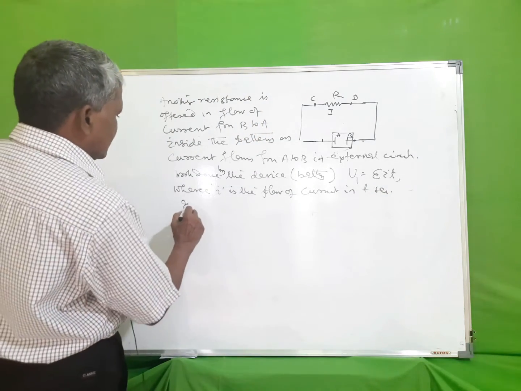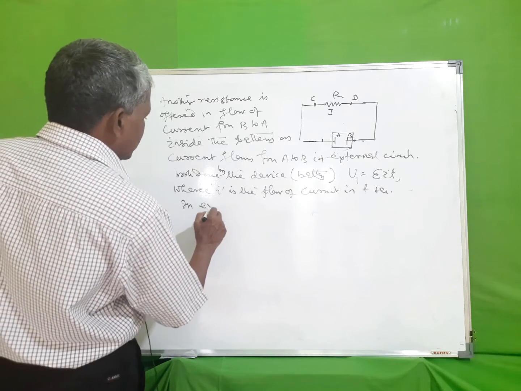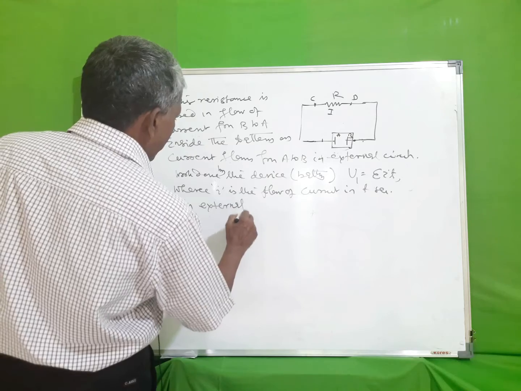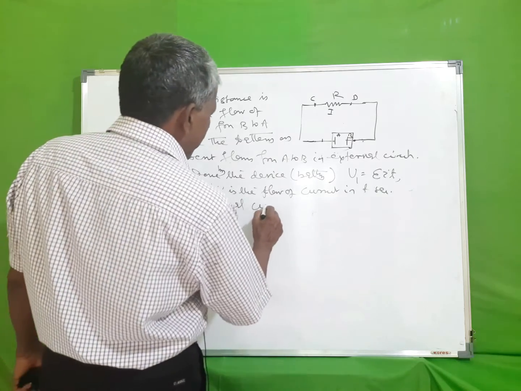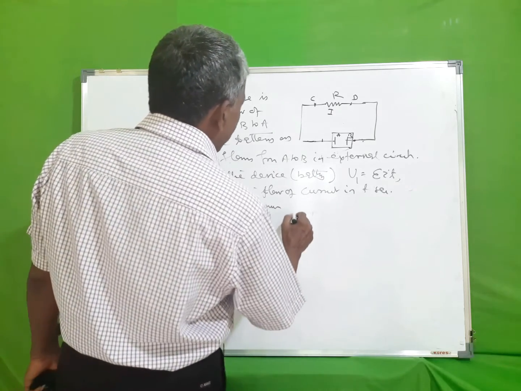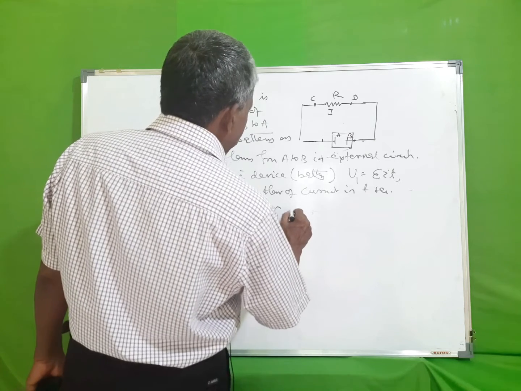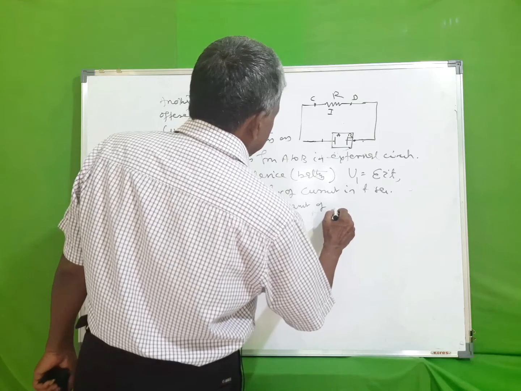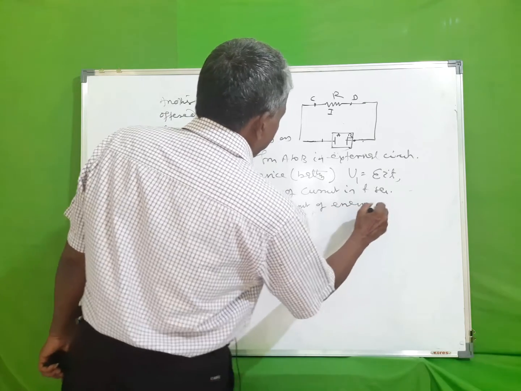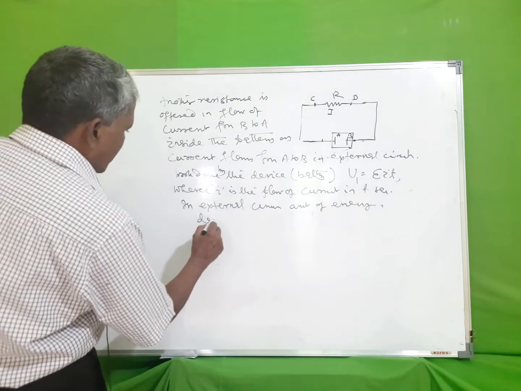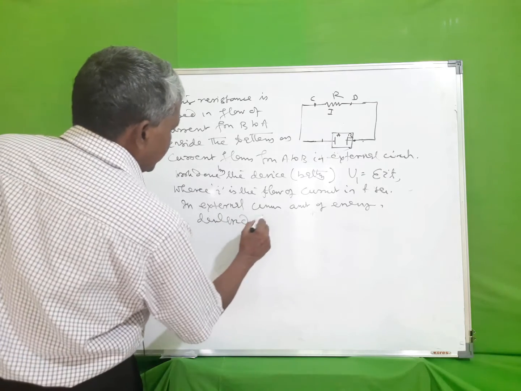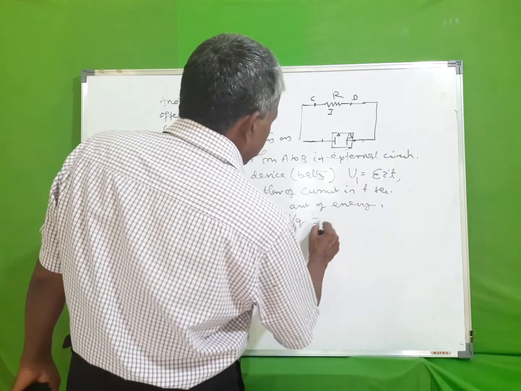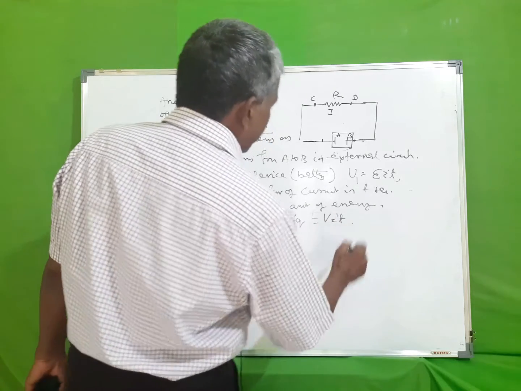In the external circuit, the amount of energy developed, U2, is equal to VQ, that is VIT.